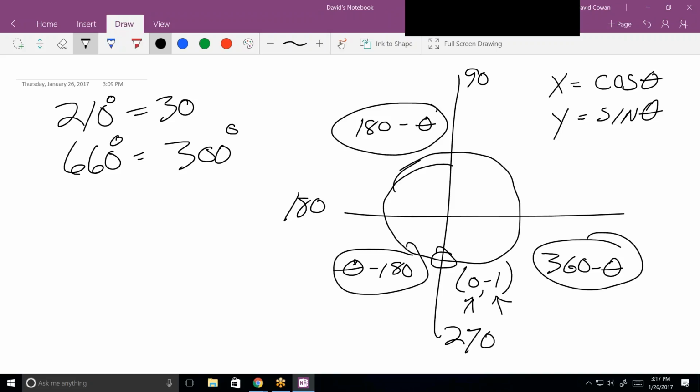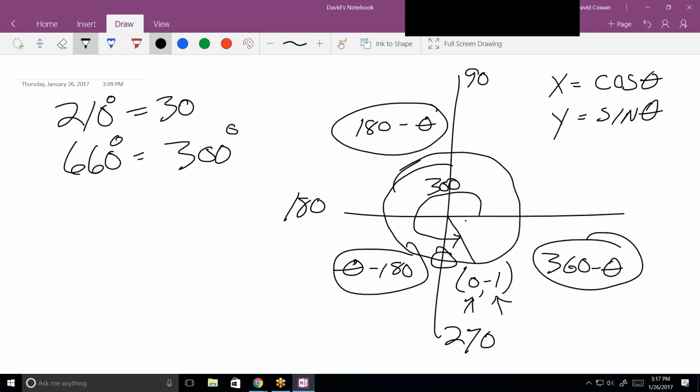So when I get an angle that's greater than 360, I subtract as many multiples of 360 as I can to figure out what its unit circle angle would be. Well, if this is 270, then that's about 300. If I draw it, that's 300.